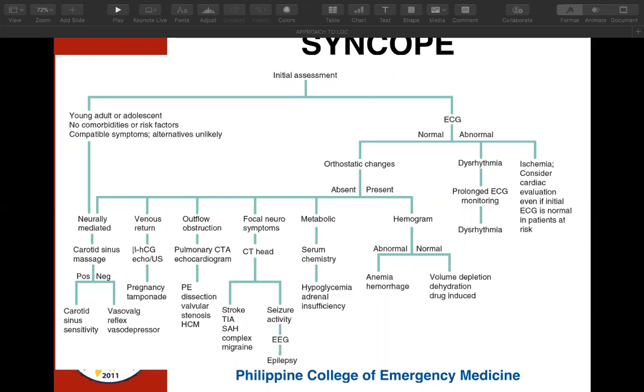But if it's negative, probably the cause of your syncope is a vasovagal reflex, or vasovagal reflex vasodepressor. So that's how you evaluate a patient with syncope. First, you need to rule in or out if it's of cardiac origin or not. And then you later look for other causes if it's not cardiac in origin.